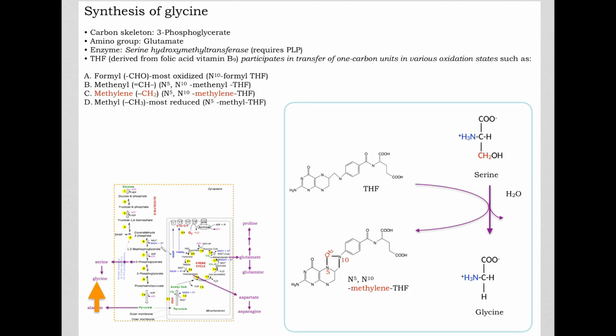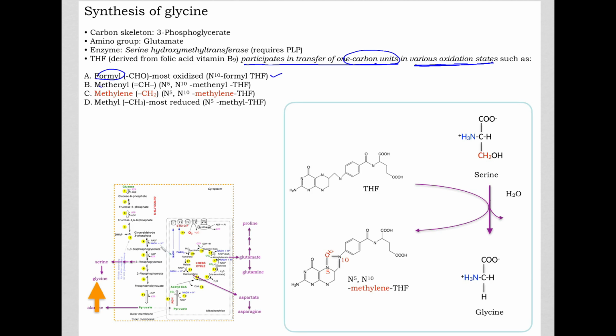THF is a very important coenzyme in the metabolism of not only amino acids but nucleotides that we'll talk about in the future. THF participates in the transfer of one carbon units that are in various oxidation states. So the one carbon unit could be in a very highly oxidized form, such as formyl.